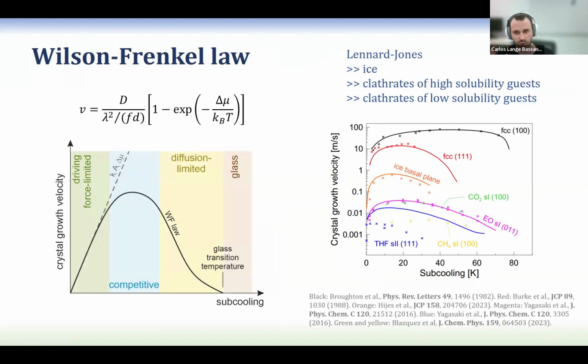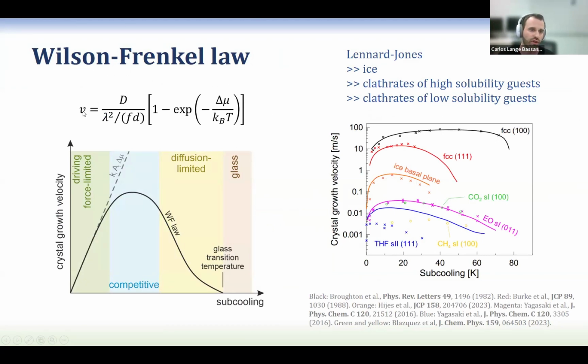But now there is another question. If we want to transport these molecular dynamics to the mesoscale, we need a continuous equation that is simple, but able to capture this. And in my understanding, the best fit here is the Wilson-Frenkel law.